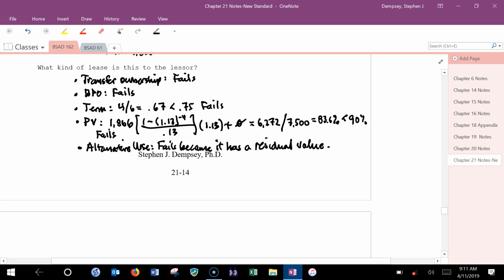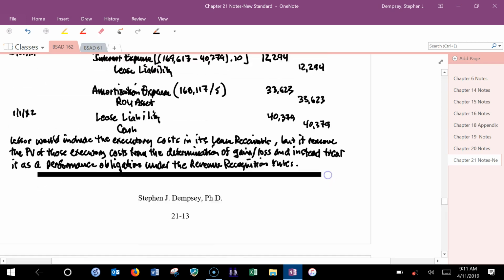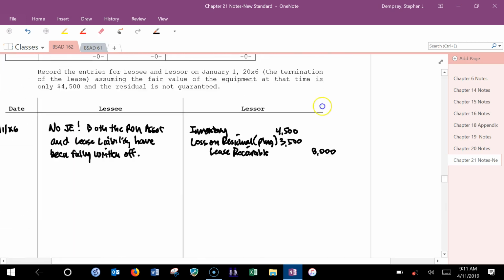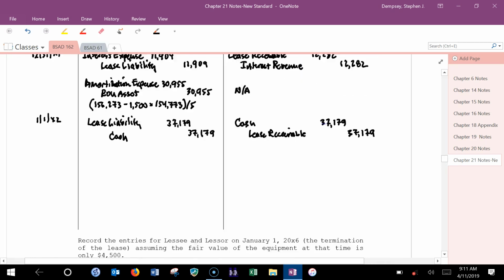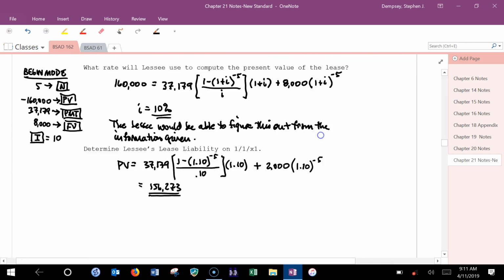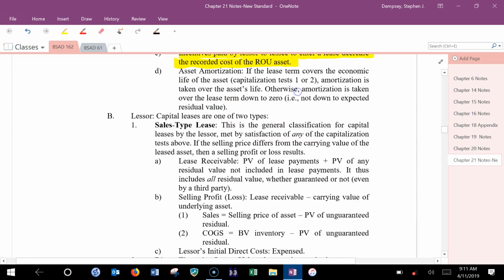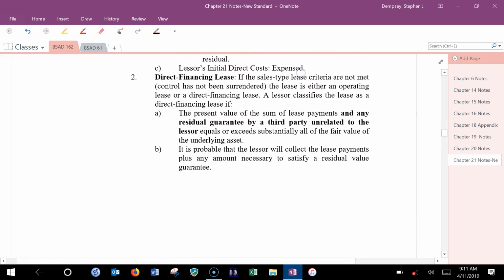So what does the lessor do? I have to do this again. You go back to the lessor now and you look at the second type of lease, which is a direct financing lease. And it says this: if the sales type lease criteria are not met, control has not been surrendered, the lease is either an operating lease or a direct financing lease to the lessor. We're talking about the lessor in this heading.